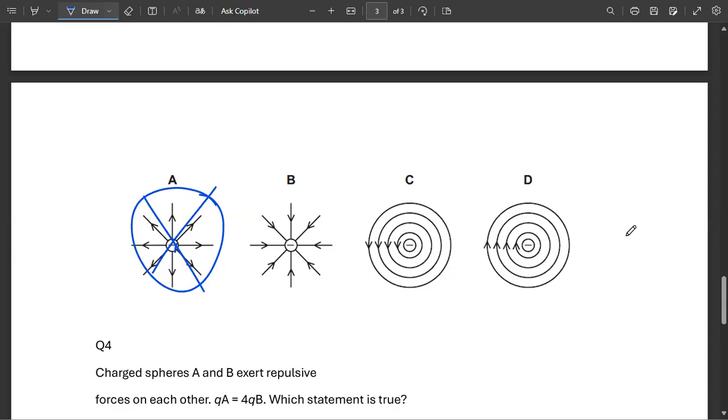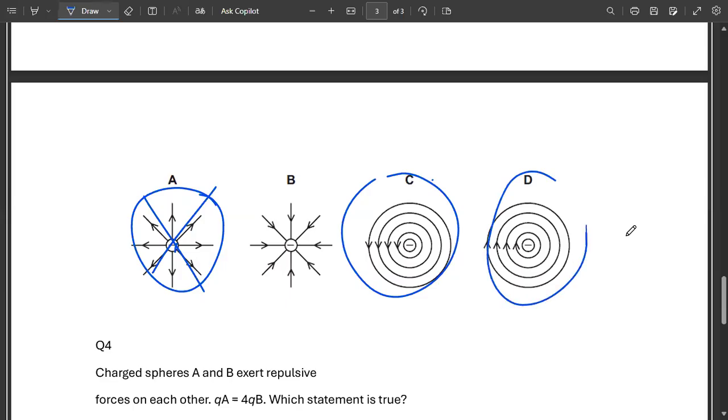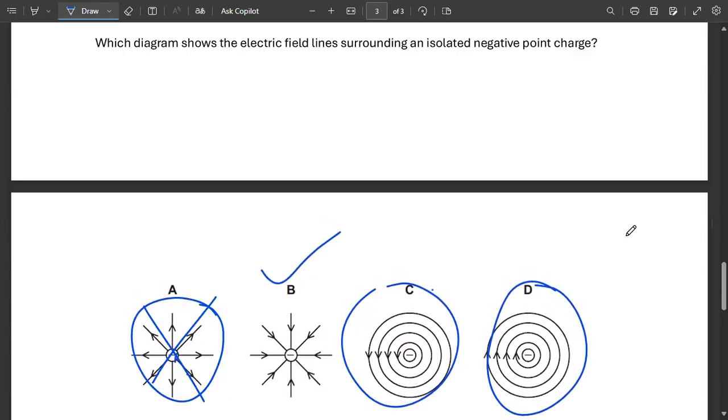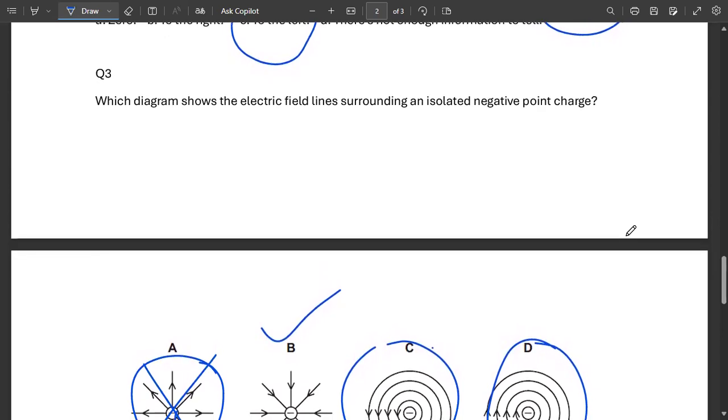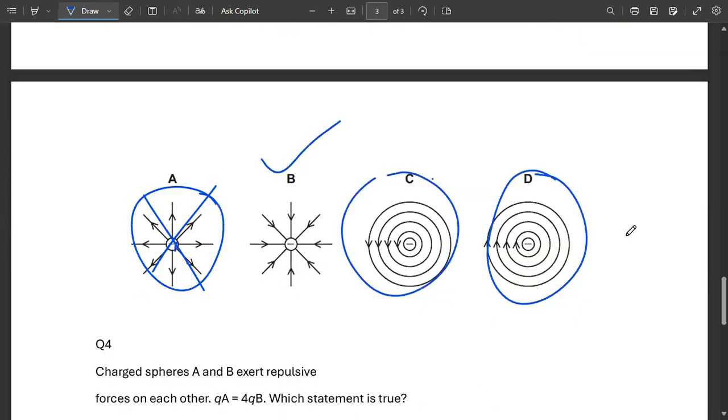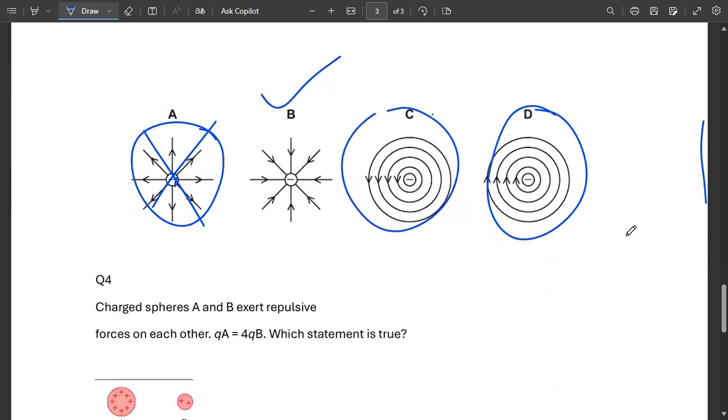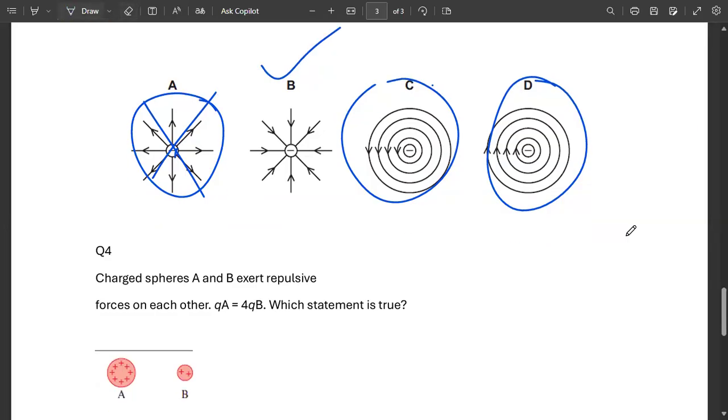So if you look at diagram C and diagram D, these field lines are circular, and that doesn't match with a negative point charge, because we said they are supposed to point towards the negative point charge, which means diagram B here is the correct answer for the electric field lines that are surrounding an isolated negative charge. So diagram B here is the correct one. We can move on to question 4.